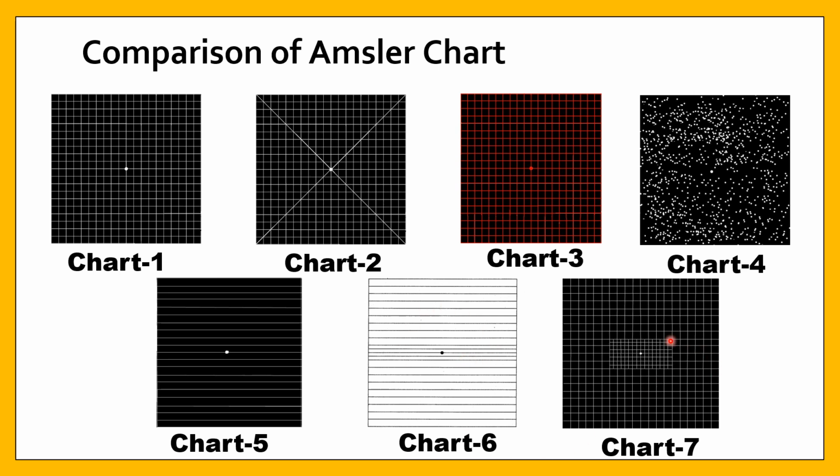In chart 7, this chart breaks the horizontally oriented 6 degree cross 8 degree central area, corresponding anatomically to the normal macula, into 0.5 degree squares, and it is for the subtle macular diseases.